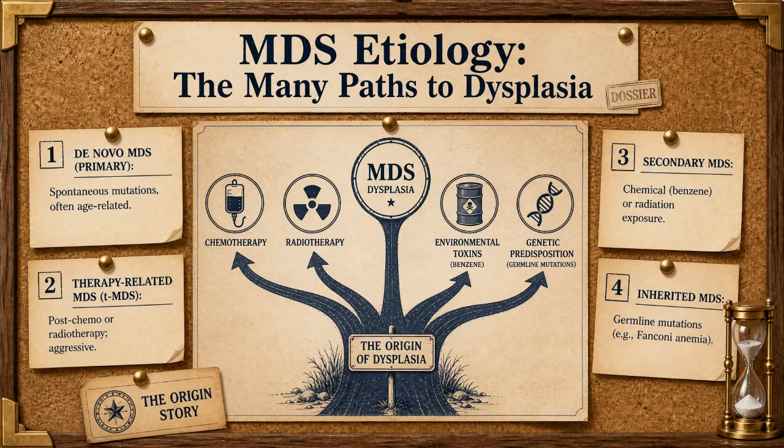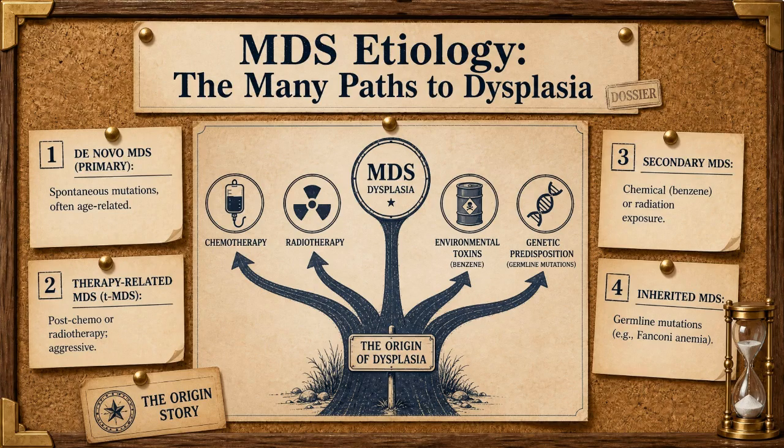Then there's secondary MDS, which arises from exposure to certain chemicals or radiation, but not as a result of therapeutic interventions. Classic examples include prolonged exposure to industrial chemicals like benzene, or accidental exposure to high levels of radiation. These environmental factors can directly damage DNA in hematopoietic stem cells, leading to dysplastic changes.